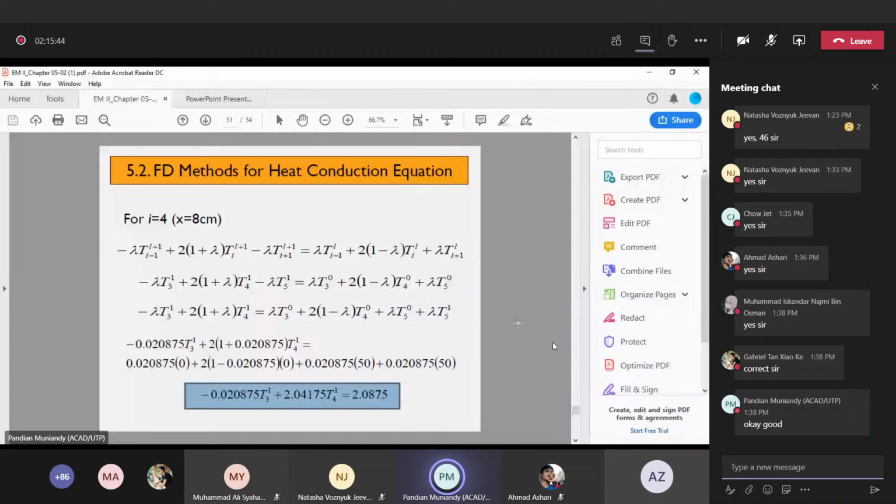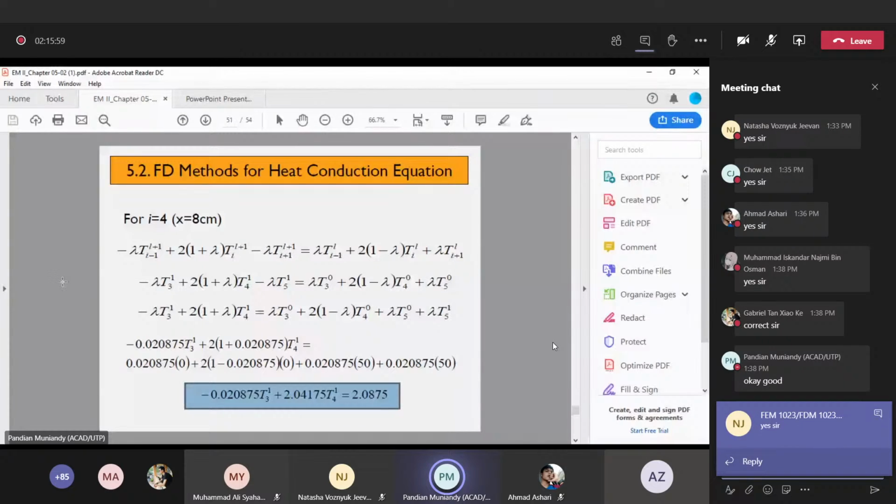So can you get this equation? Can you verify this, class? I4, the fourth equation. Yeah. Muhammad Aikal. Okay.